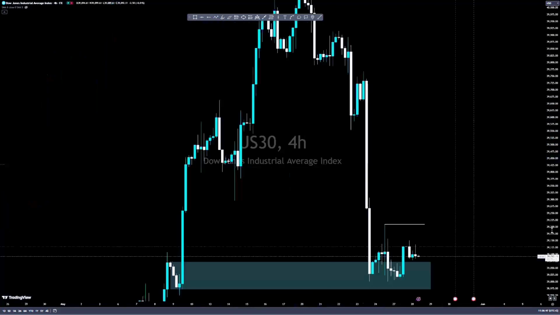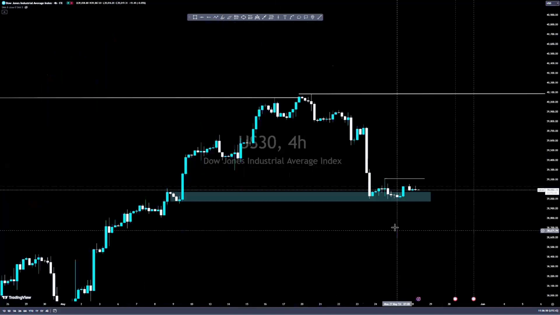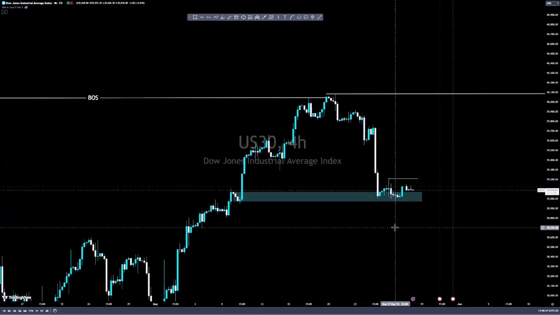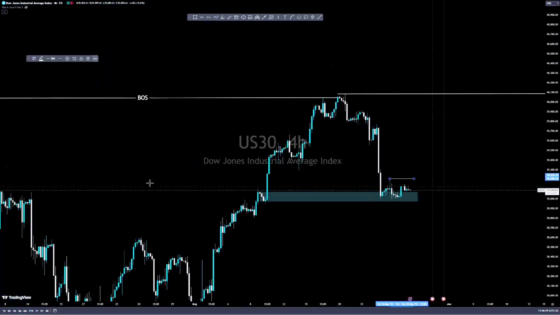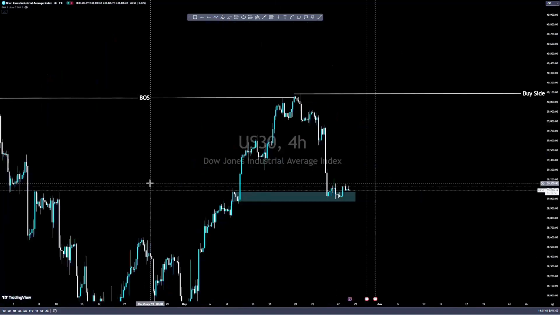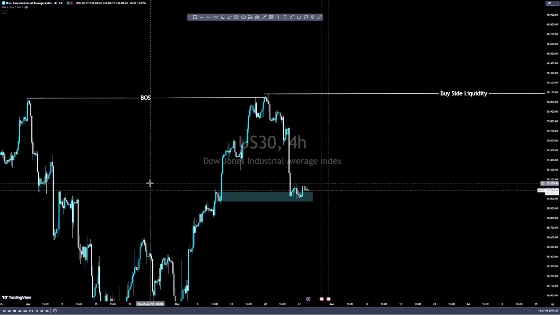So we need to be cautious, because if we just look at one perspective, like we want to look for a buy at a certain zone, there are chances that price might not reach that zone that you wanted to buy at. Because one, we are not market makers.